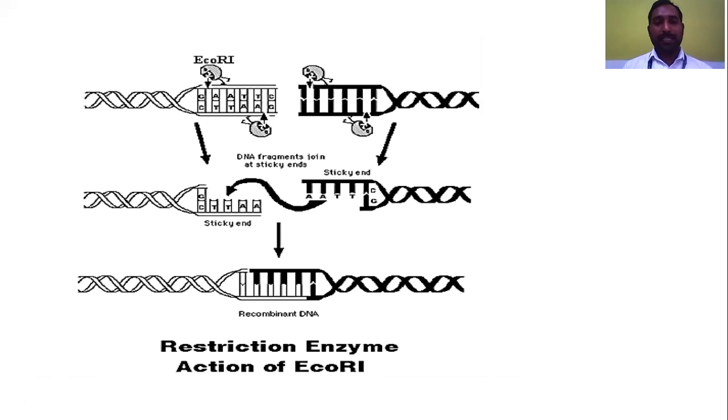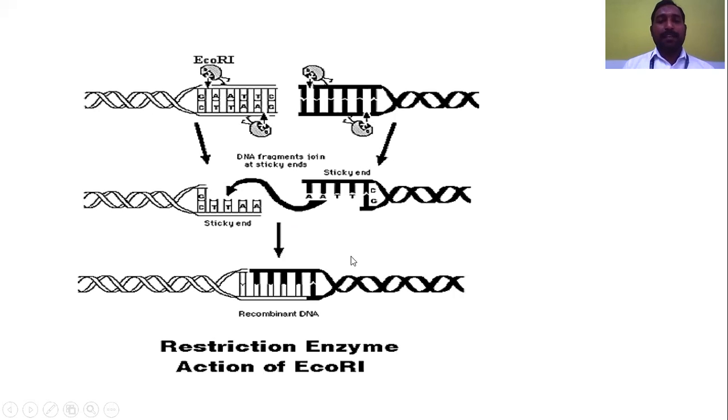And we have the diagrammatic representation for EcoRI restriction enzyme. This is the EcoRI template DNA. For example, this could be the plasmid DNA. Both DNA molecules, the source, can be restricted by using EcoRI. Once it is restricted, it will have the sticky nature.